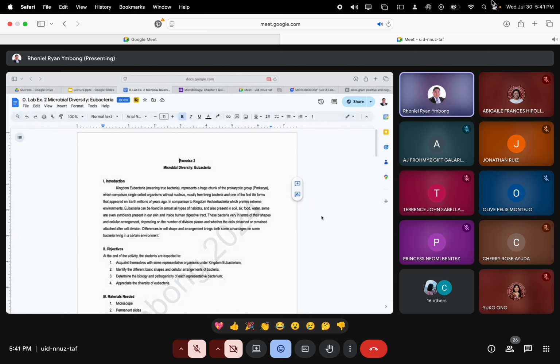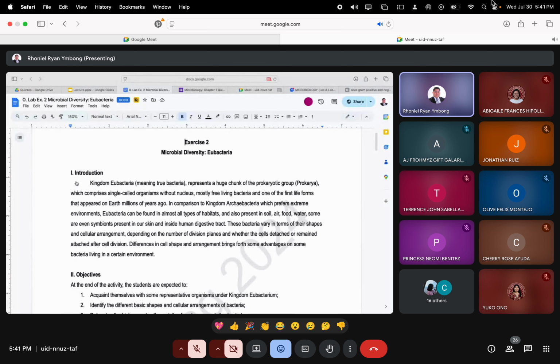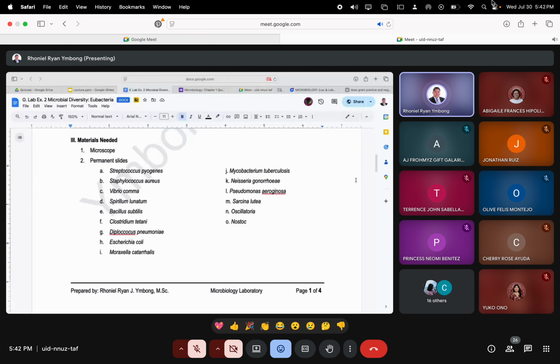Our laboratory exercise 2 is all about the kingdom Eubacteria. Basically, this is the first portion of our discussion this afternoon. Here you have several bacterial species.